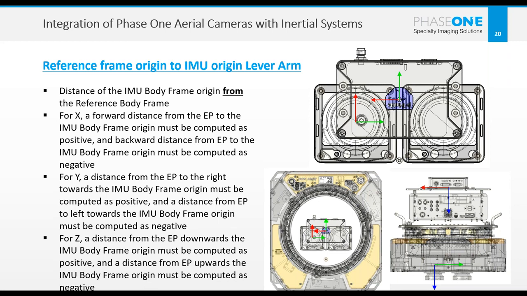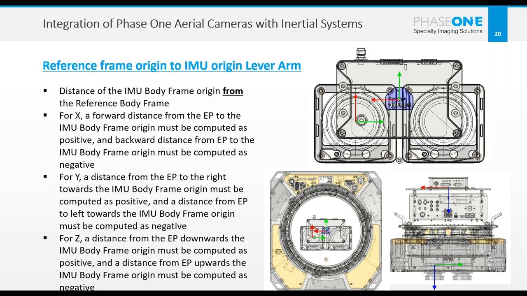Okay, because the X axis of the camera is aiming forward, and the IMU is displaced to the front. The same happens with the Y-axis. The distance from the IMU to the reference is positive. And in the case of the Z value, we can see that the IMU is above the entrance pupil, above the camera, above the origin.